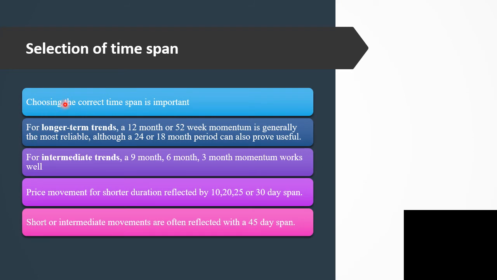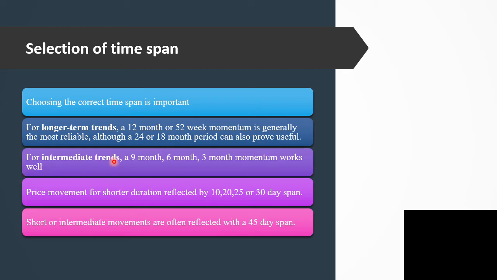Selection of time span. Choosing the correct time span is important. For longer term trends, a 12-month or 52-week momentum is generally the most reliable, although a 24 or 18-month period can also prove useful.